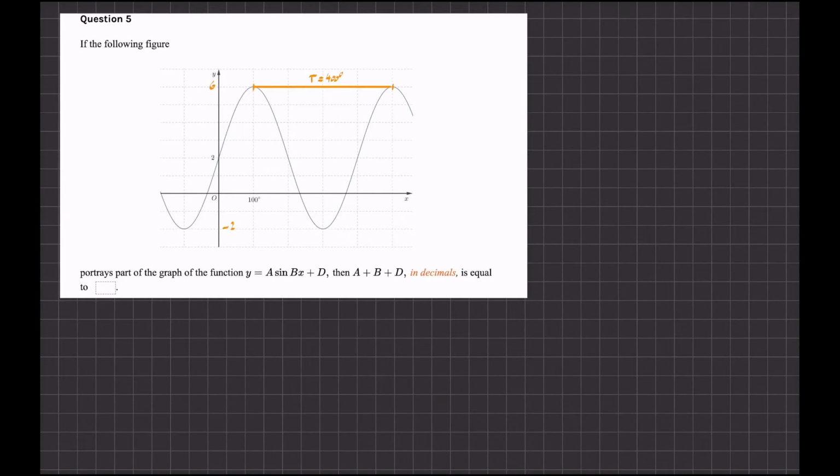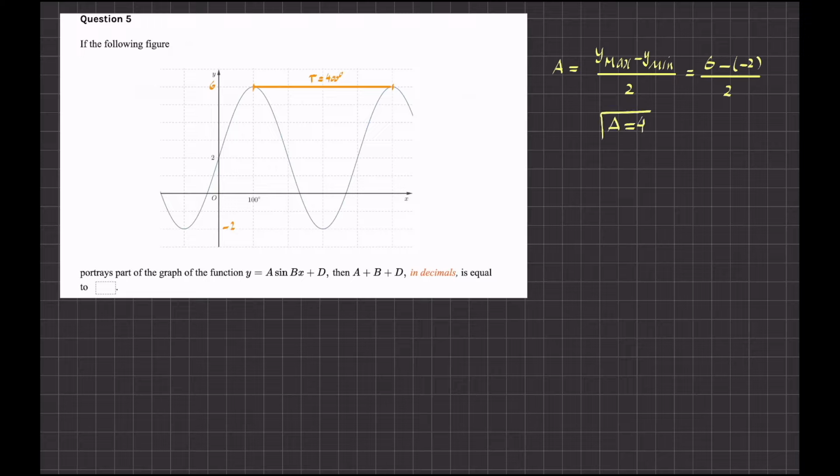So do you remember the formula for a? A was y max minus y min divided by 2, which of course in this case y max is 6, and then minus y min, which is minus 2, divided by 2, so it becomes 8 divided by 2, so a becomes 4.